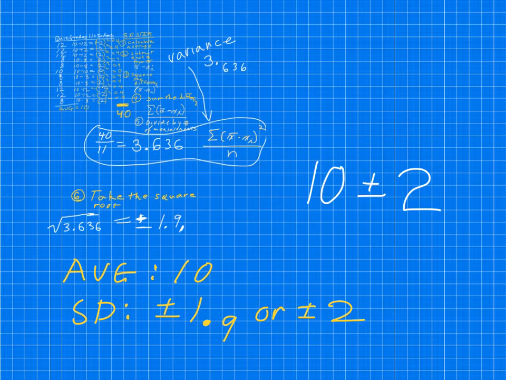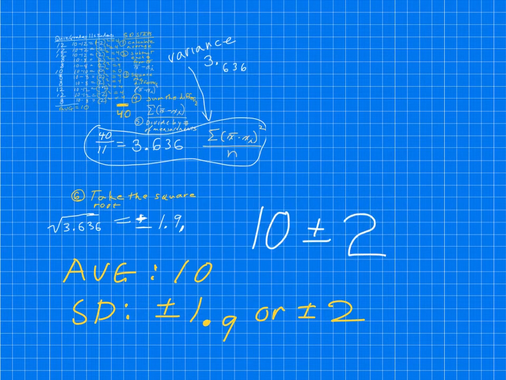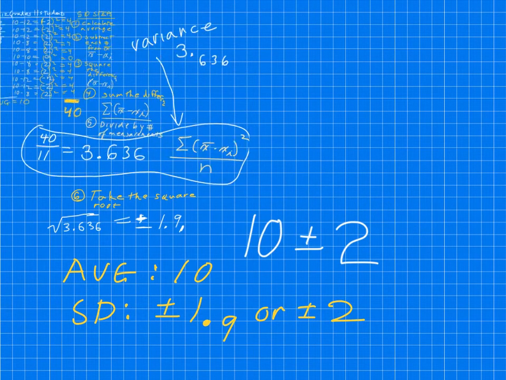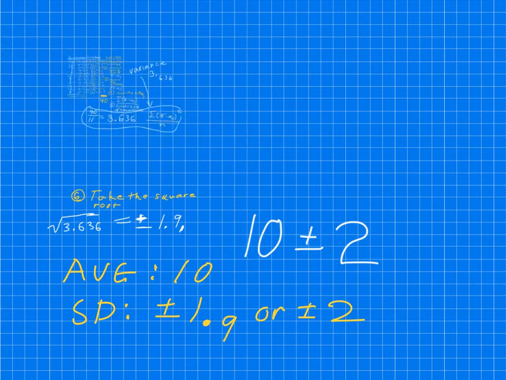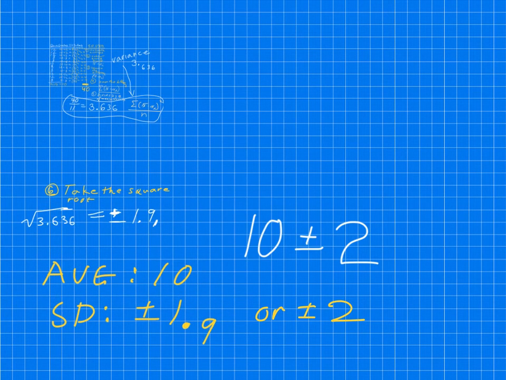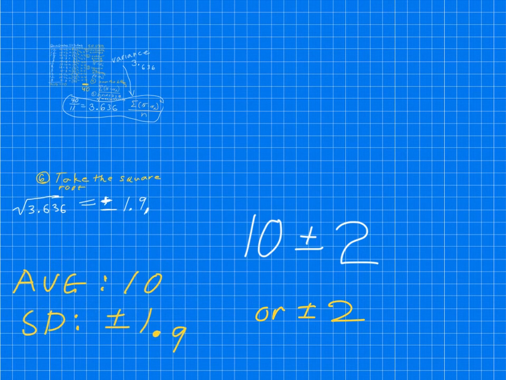When you graph a set of data, I'm going to shrink things down a little bit here because I'm going to want to come back to them, so I don't want to quite get rid of them yet.